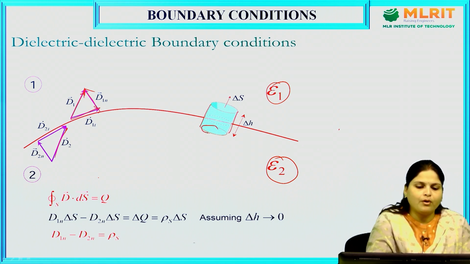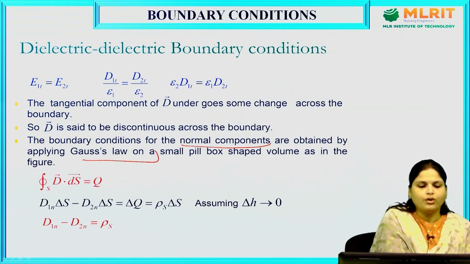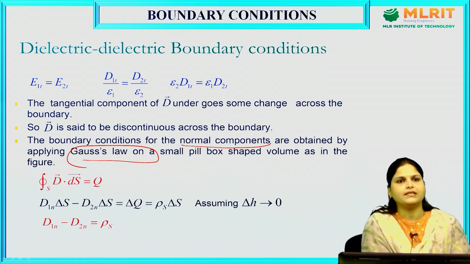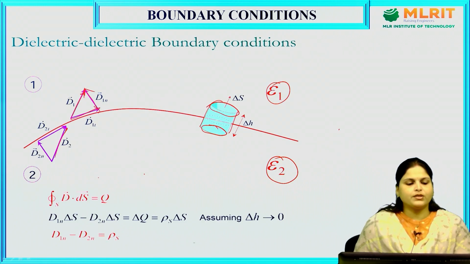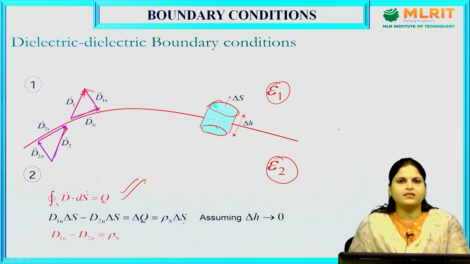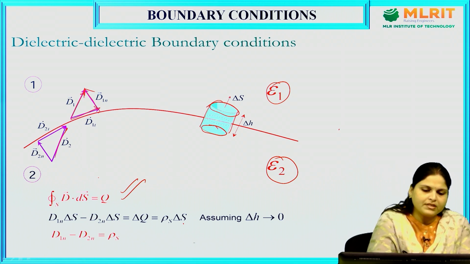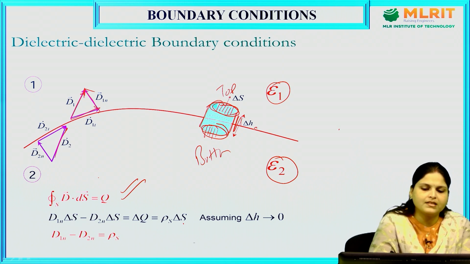To solve this problem, we are considering a pillbox kind of structure and we are going to use Gauss law. As per Gauss law, the integration of D dot dS equals Q. So basically here we have to consider surfaces. If you notice, in this pillbox three surfaces are there: this is the top, this is the bottom, and this is the side.